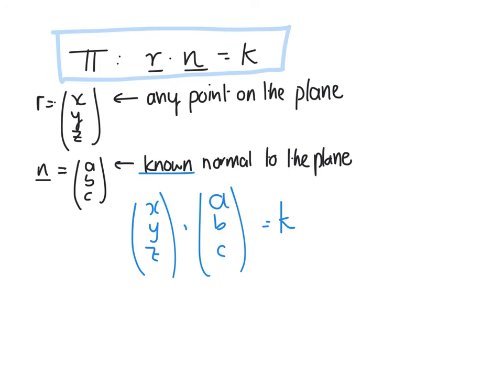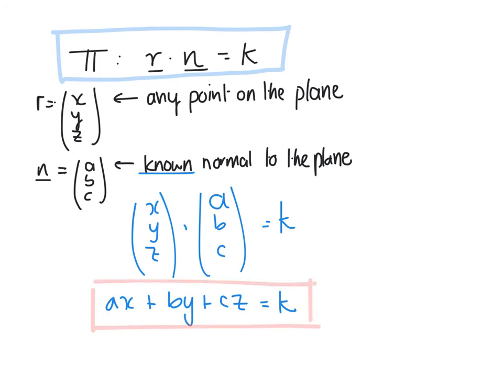The dot product then would be ax plus by plus cz, and that equals k. And notice all my vectors have disappeared, and what I'm left with, in fact, is a Cartesian equation, x, y, and z. So this is the Cartesian equation of a plane.